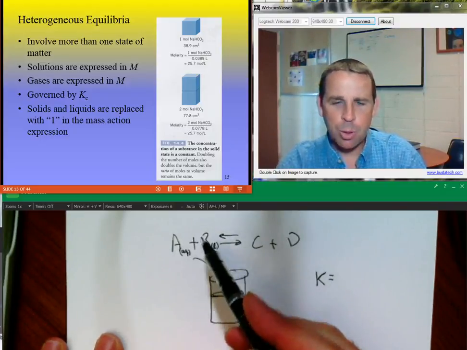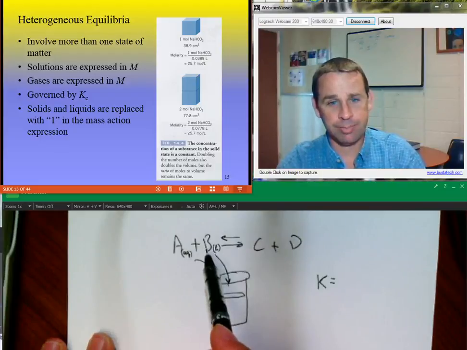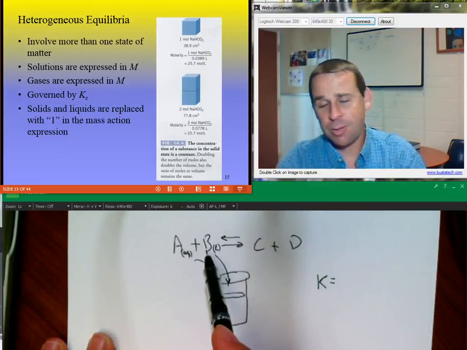In fact, if I add more of it, it's not going to change the concentration of B. If I remove some of it, it's not going to change the relative concentration of B compared to A. Same thing if it was a solid.